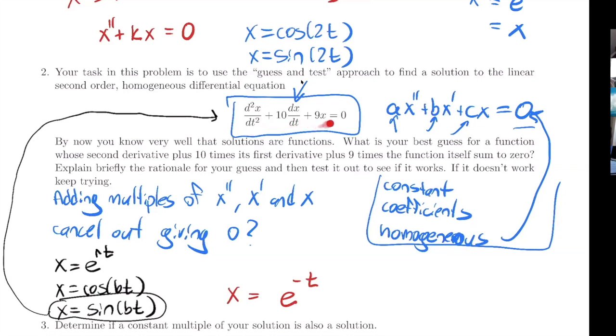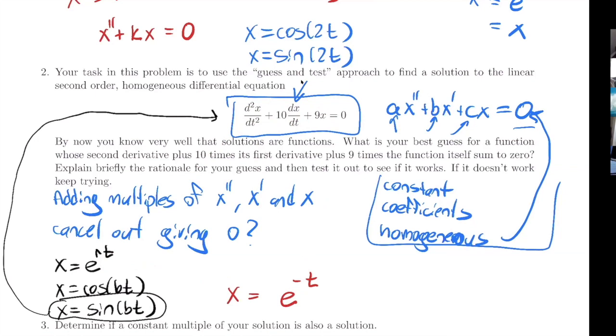So if we're going to add these up, if we pick the positive power here, if we have a positive value for r, then we'd just be adding a bunch of positive things together, which couldn't cancel out. That explains why we might want to think about using a negative sign here, since the first derivative would absorb that negative sign, the second derivative would become positive again, and then these things could cancel out as long as you pick the right value.